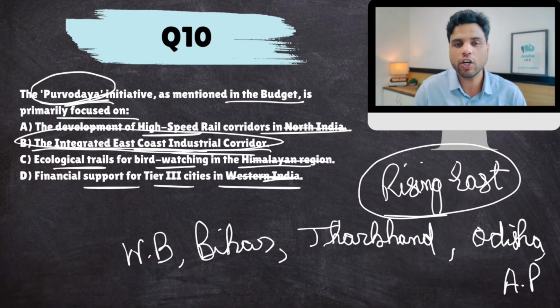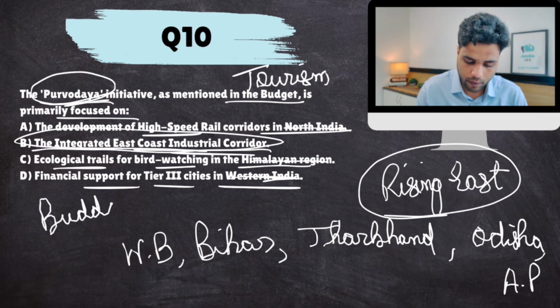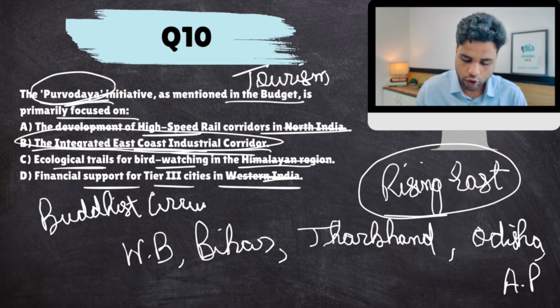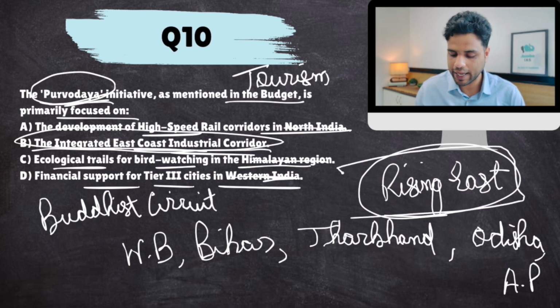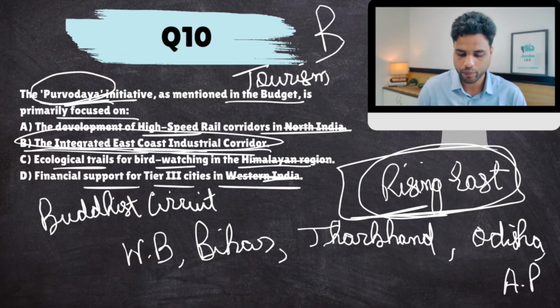We would develop industrial corridors over here. We would promote steel industry over here. We would promote tourism over here, especially Buddhist circuit, because there are many Buddhist sites over here. So this is the rise of eastern states, economy-wise. This is Purvodaya initiative, government's focus on Eastern India and Eastern India industrial corridor. So the answer to this question would be B.